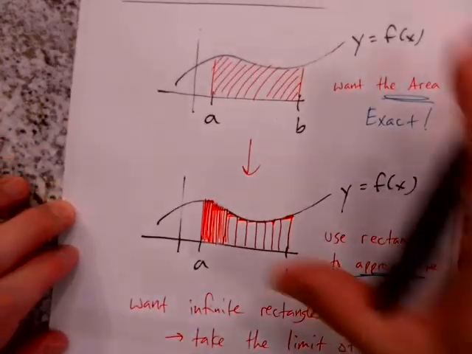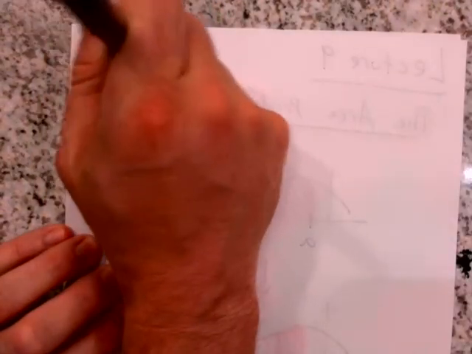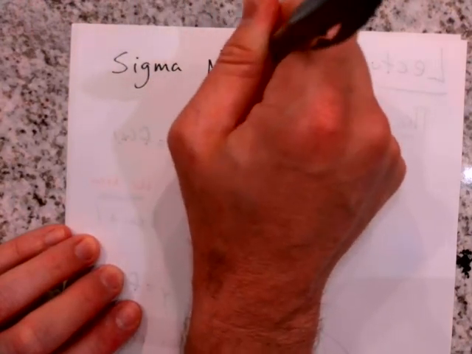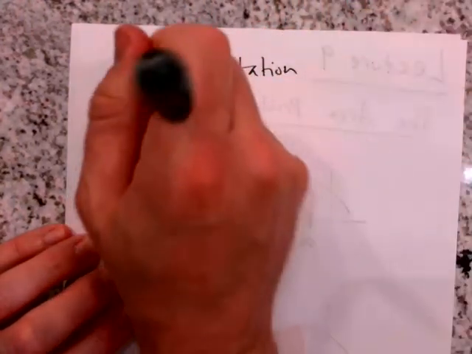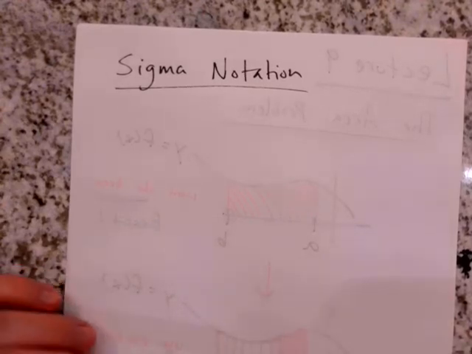So before we see where this leads us, let's take a quick sidestep into something called sigma notation. Sigma notation is a nice, concise way to express a sum of some number of terms. And I'll write out what it looks like.